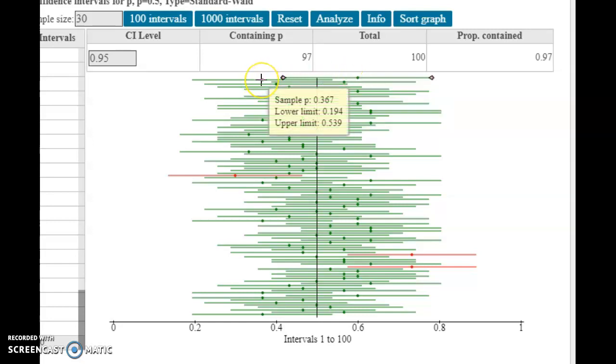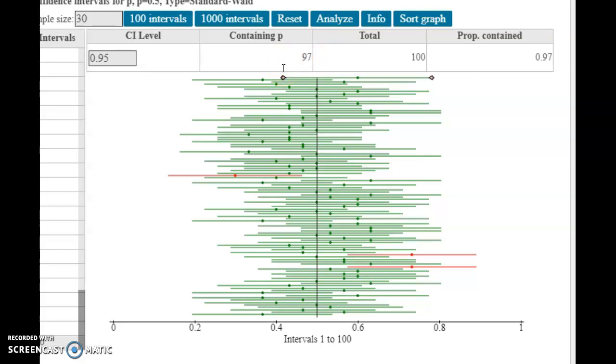In the second line, our sample proportion was 0.367, and so on. So you can see that green dot in the middle of our line. That is the sample proportion. Around that, we would build our confidence interval. And then we go about 2 standard deviations to the right and 2 standard deviations to the left, and it gives us that green line.